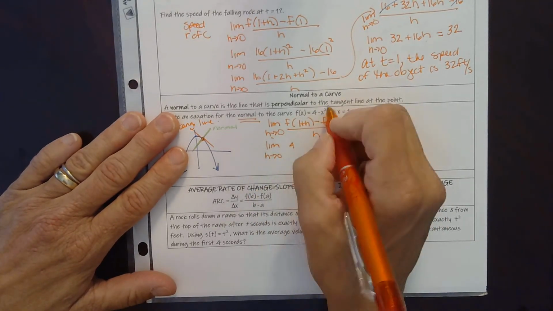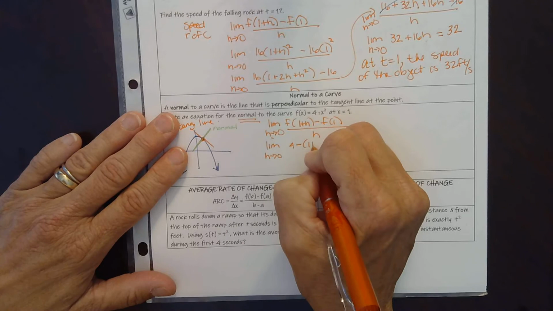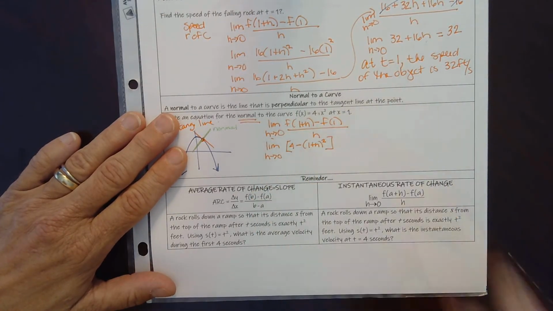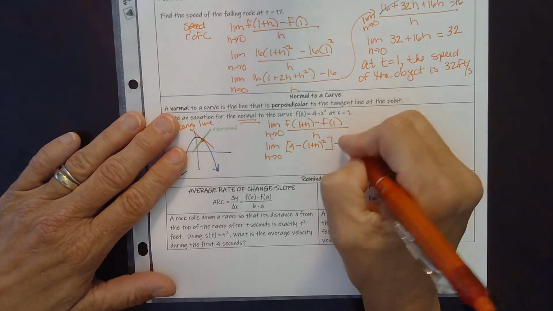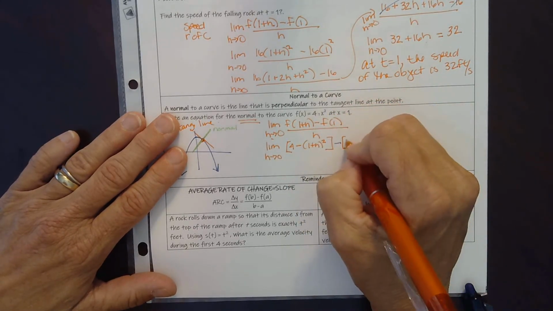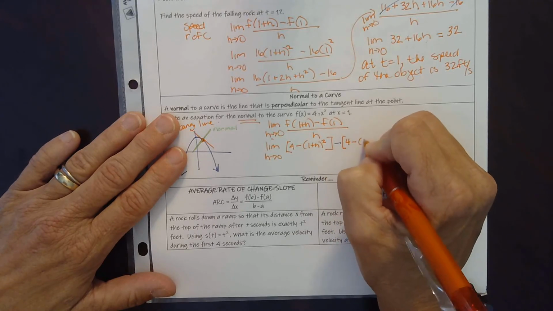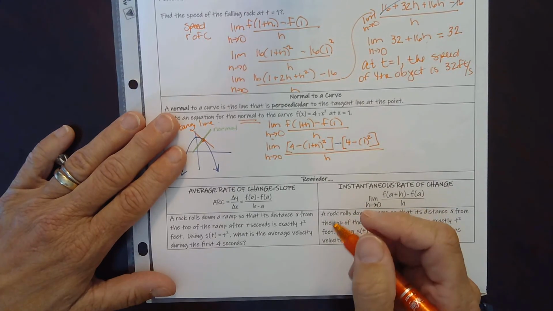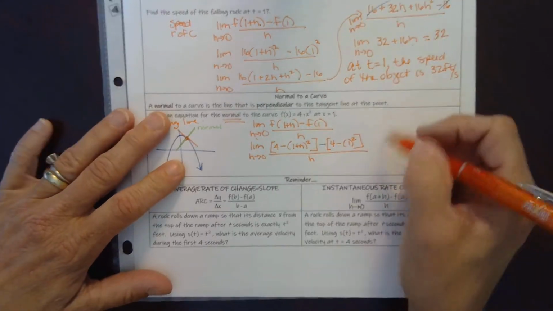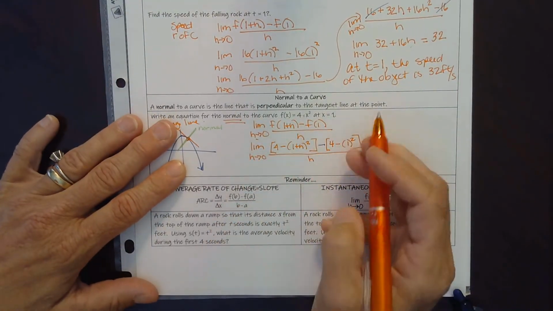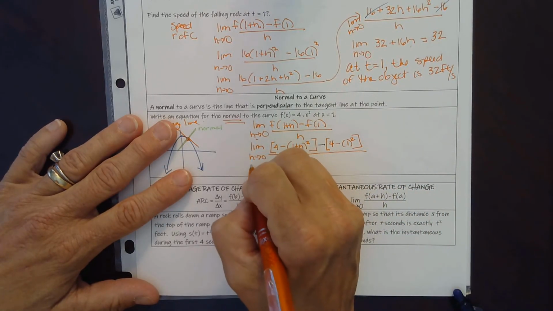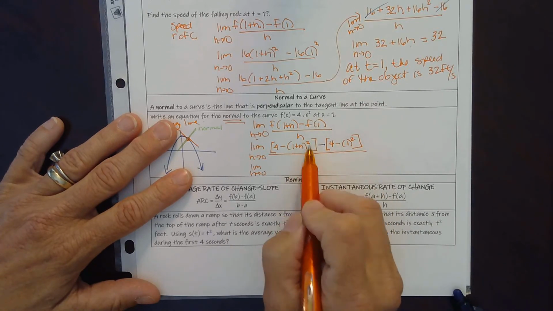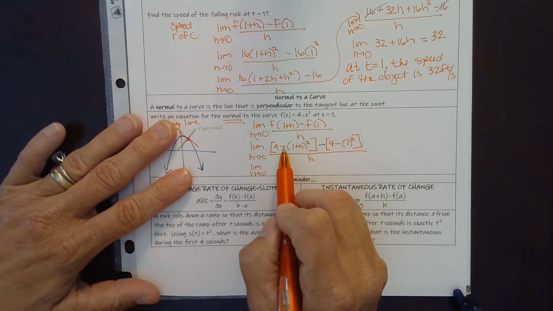We have 4 minus (1 plus h) squared, and I have to subtract the function evaluated at 1. So there's 4 minus 1 squared, all divided by h. All right, so cleaning this up, I got some algebra to do. The limit as h approaches 0, I have to square this and subtract it.